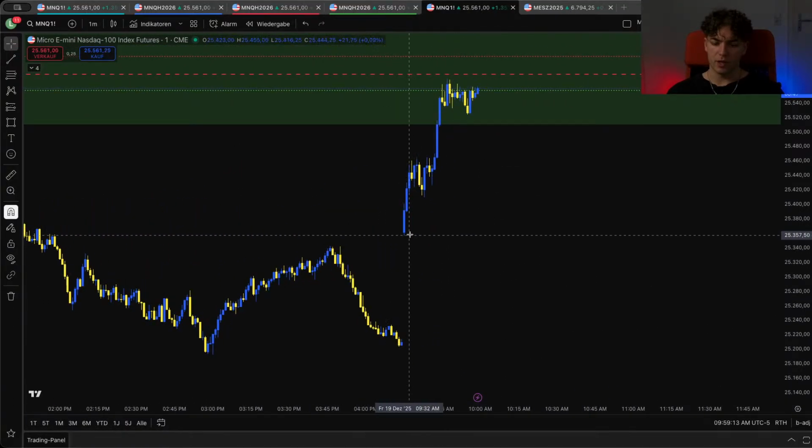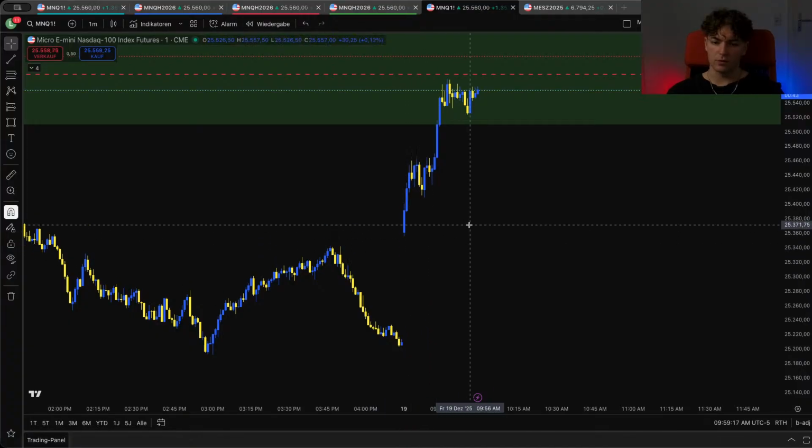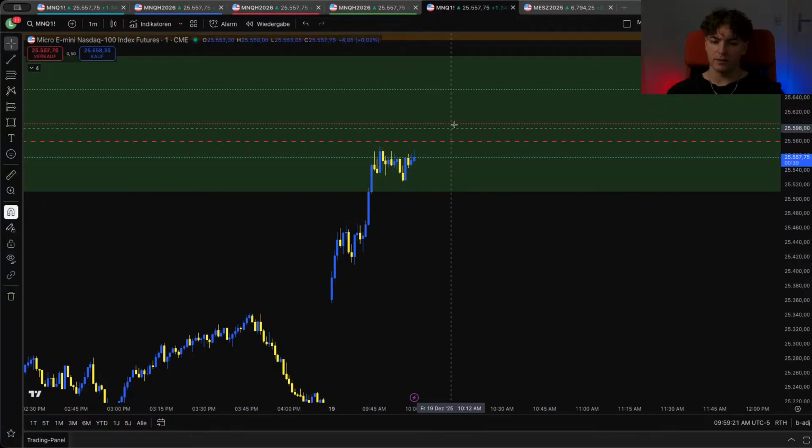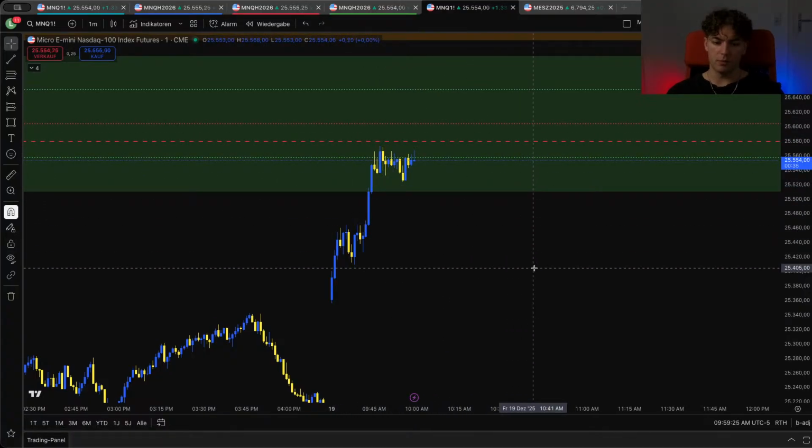This opening range gap also is unfilled, so I could see at least a deep retracement later on, maybe during the 9:50, 10:50 to 11:10 macro.